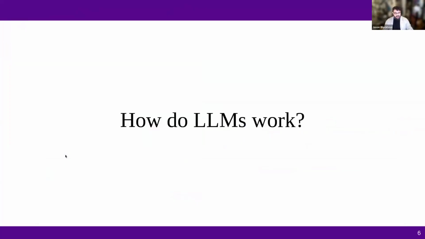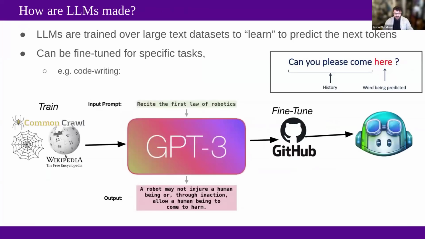So how do these large language models work? We're discussing using them to write things, so how do they actually function behind the scenes? Ultimately, they are trained over large data sets of text to quote unquote learn and then predict whatever the next token is or whatever the next thought is. You'll see GPT come up a lot.